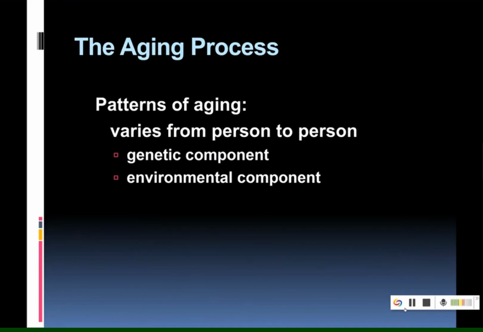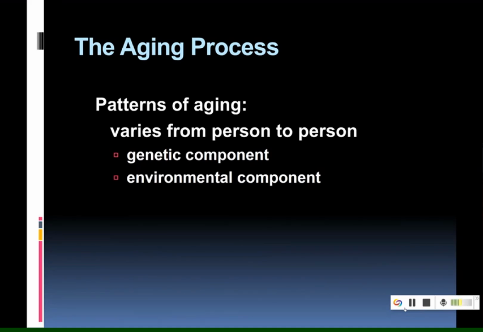So we've established that patterns of aging vary from person to person, and we want to talk about the genetic component as well as the environmental component. Think for a moment how much genetics play a role in healthy longevity. When I ask this question, many people respond by saying 50%, 80% of your healthy longevity is associated with your genes.